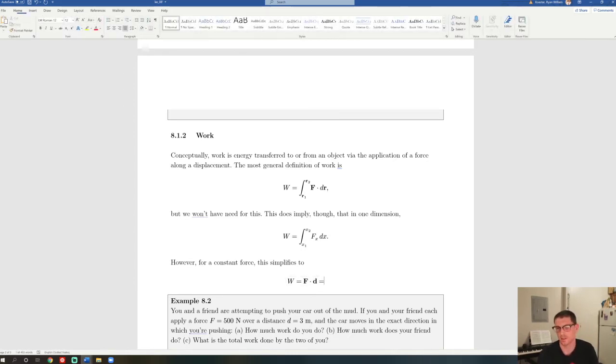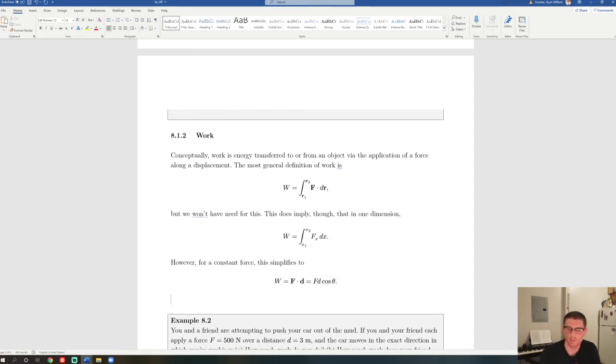This is a vector, but remember that one of the definitions of the dot product is just the magnitude of the first vector times the magnitude of the second vector times the cosine of the angle between them. So this becomes simply F D cosine theta.